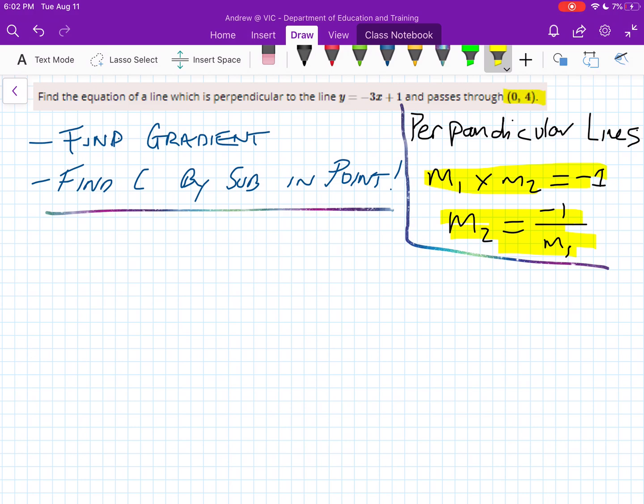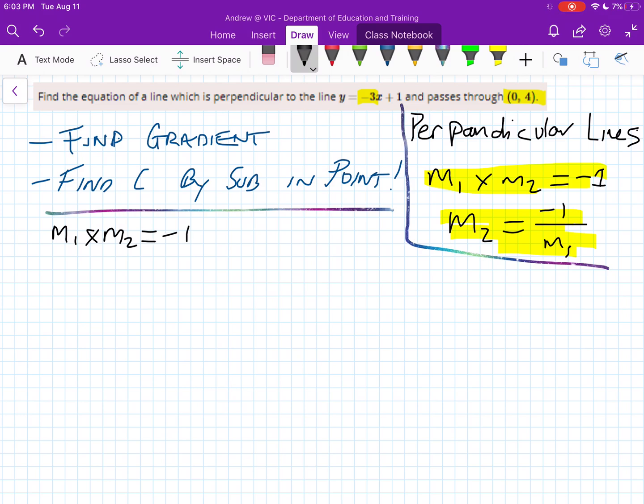First we need to identify the gradient of the line that it's perpendicular to, and that's right here, this -3 at the front. Remember, that's the M value, and the M tells you the gradient. So we're given that M1 times M2 is going to equal -1.